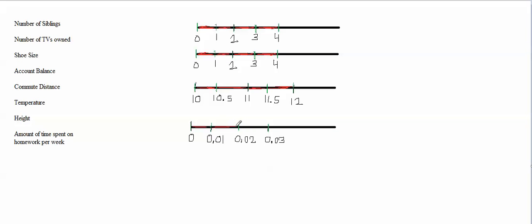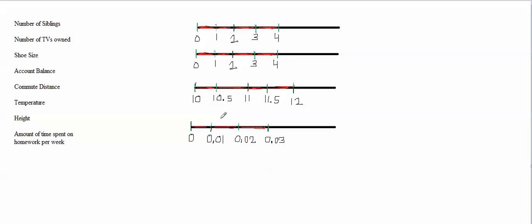And a person's account balance couldn't be right here at 0.013 or 0.014. And the numbers in between 2 cents and 3 cents would be numbers like 0.024 or 0.025. Those also aren't possible.